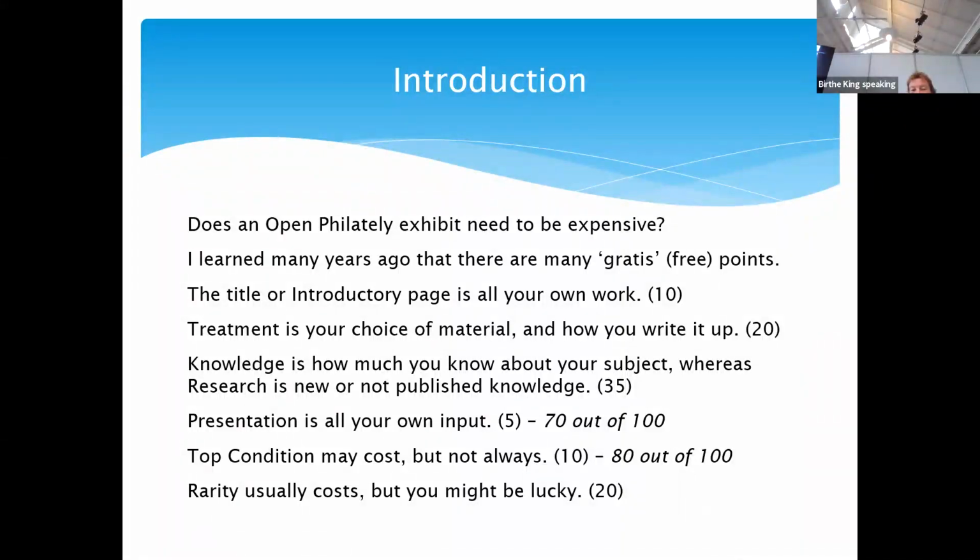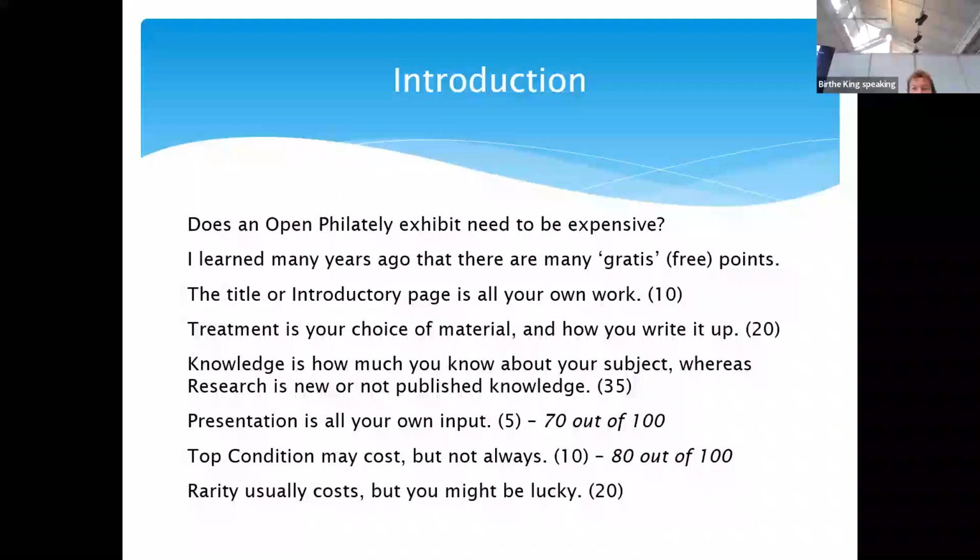If you want to go into really looking at higher points, then it may cost, because condition can be better, and the better the condition, the more expensive. And of course, rarity, unless you are very lucky and find something that the dealer doesn't know about. So that was kind of the beginning.